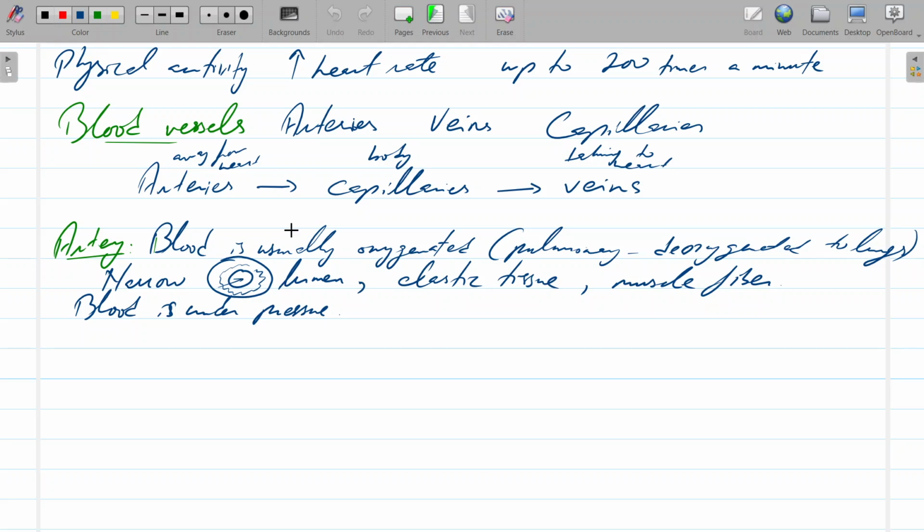So the arteries divide, and they keep dividing into smaller and smaller arteries until they form microscopic vessels. These you cannot see with your eyes directly.